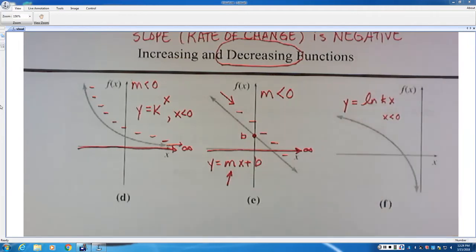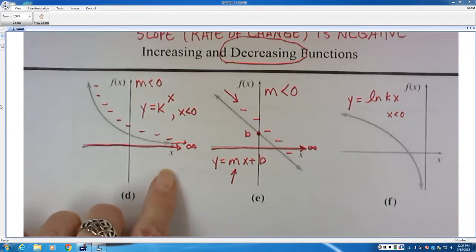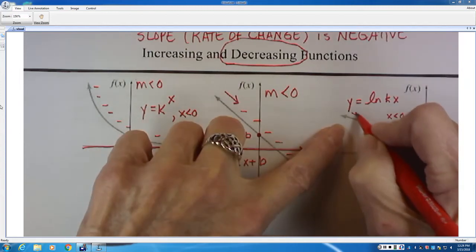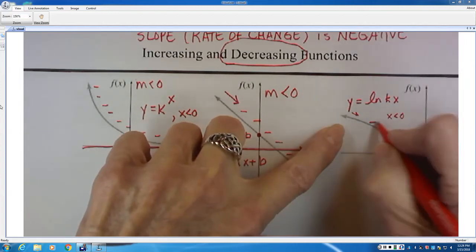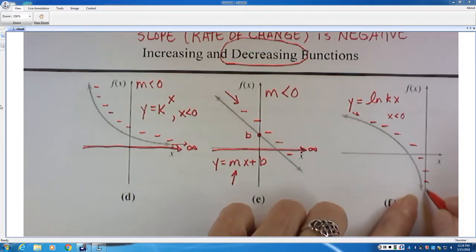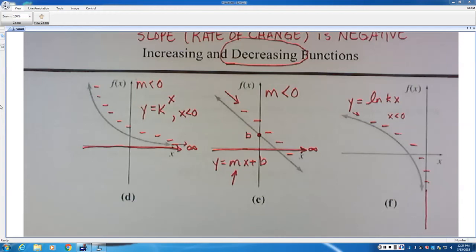And again, there, x is going to be a negative number or a negative expression, a negative quantity. But notice that this one behaves just exactly like this one does as far as its rate of change. Its rate of change is negative, and it continues to be negative. But its negativeness approaches an undefined value because it's approaching a vertical line. So it's going to get very, very negative.